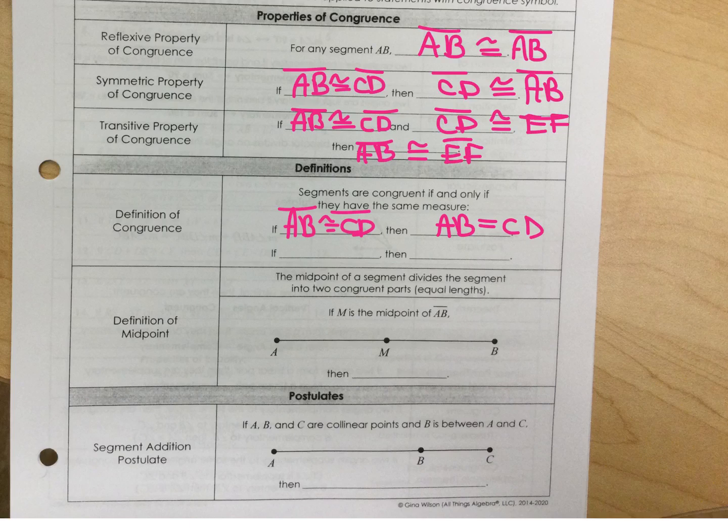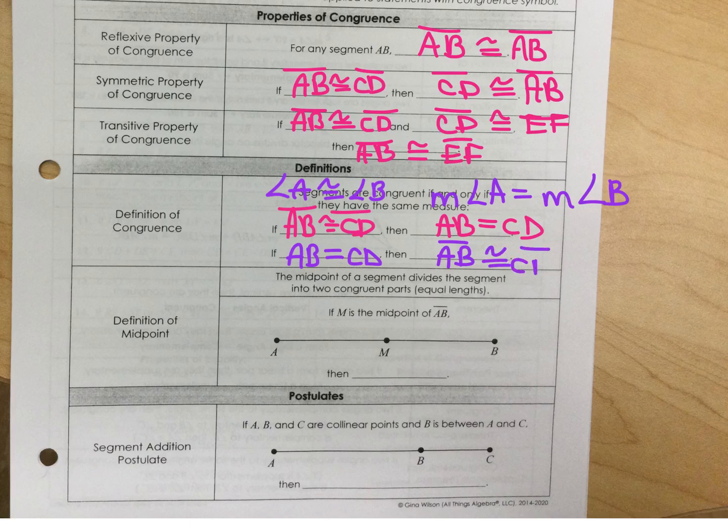And if I did this with angles, I would say angle A is congruent to angle B, but the measure of angle A equals the measure of angle B. And it's a little more, I think, obvious how to do it with angles than it is segments. And then if AB equals CD, then segment AB is congruent to segment CD. It works backwards and forwards, okay?